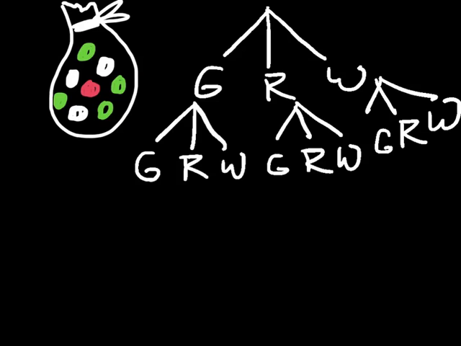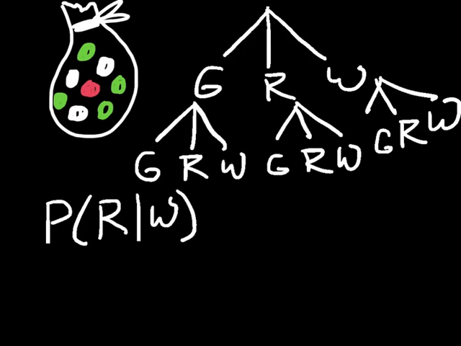And so you could ask, what's the probability of X given that you get Y? So I could have, what's the probability of a red given that I got a white first? So what's that going to restrict me to on this tree diagram? I want the probability of reds on the second draw.